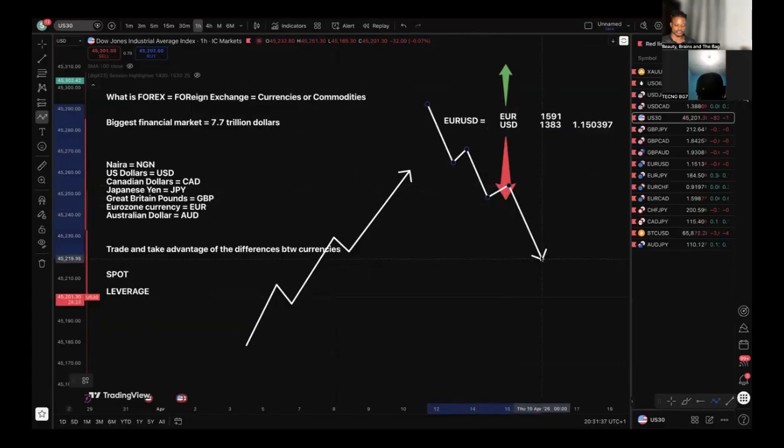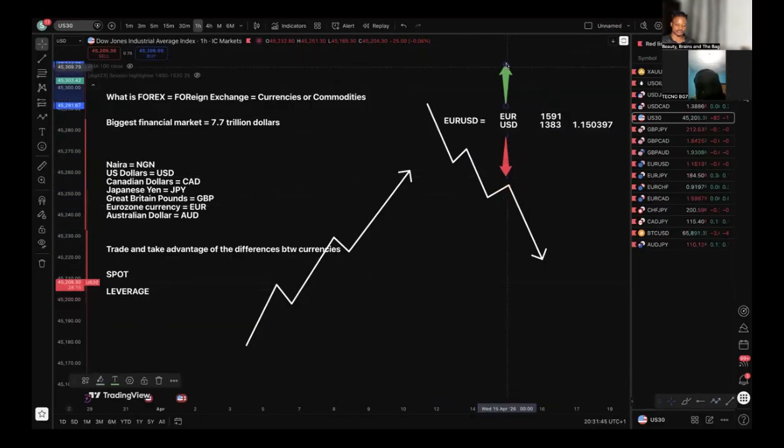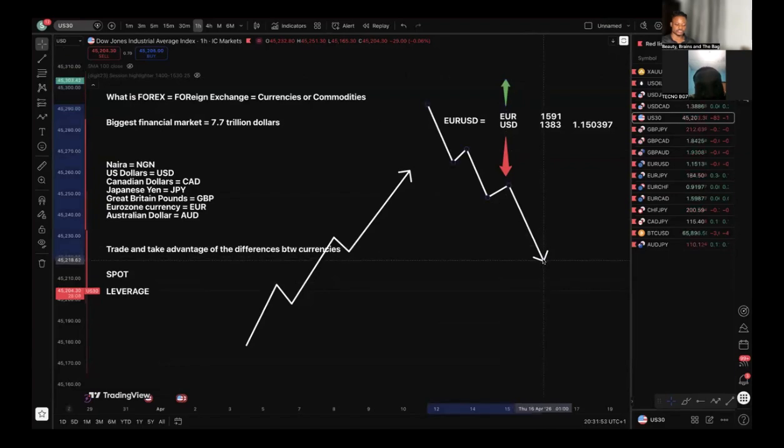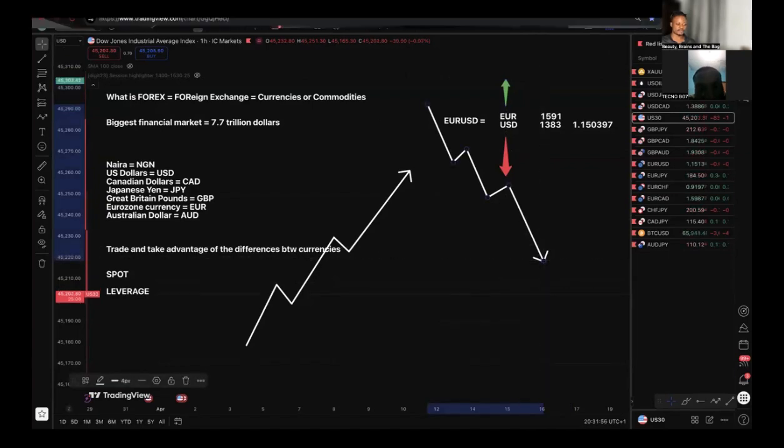And if they both have equal strength and Akinpelu loses strength, Pelumi is still going to be relatively stronger, so he's going to pull the currency pair down. So let me bring up the chart of EUR/USD so I can show you what the forex market looks like.